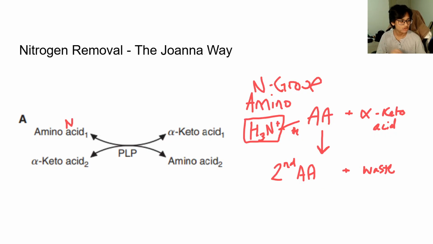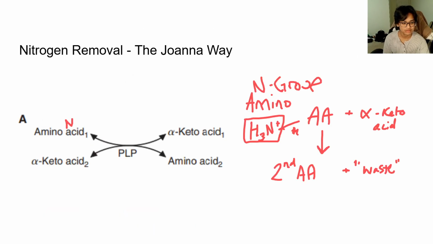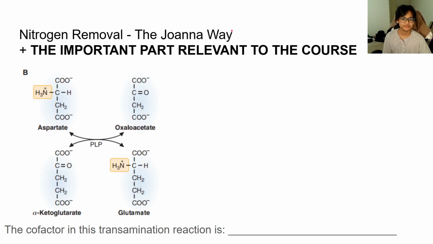And actually, let me put this in quotes. It's not actually waste, I think, but it is kind of like the leftovers, right? So I'm going to call it waste. And then your second amino acid, I think. I don't really know. So there's our end group.